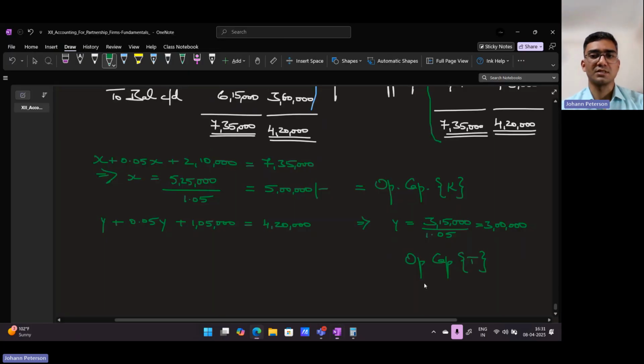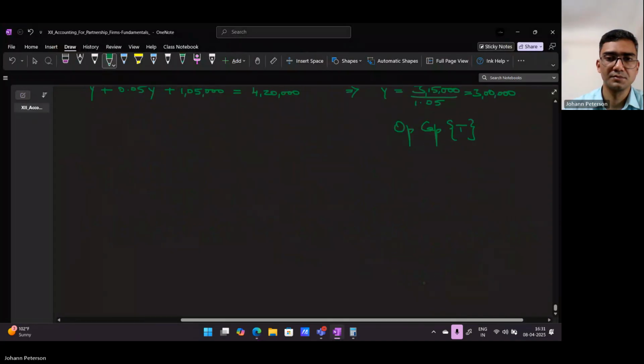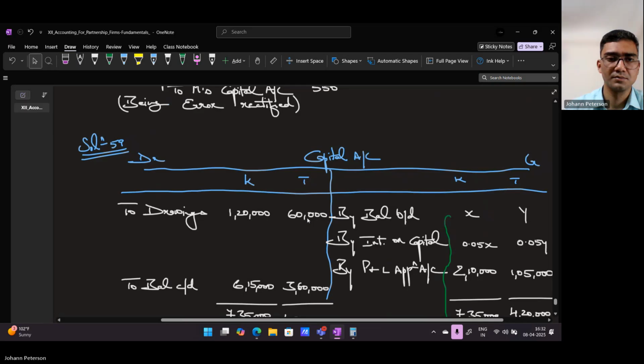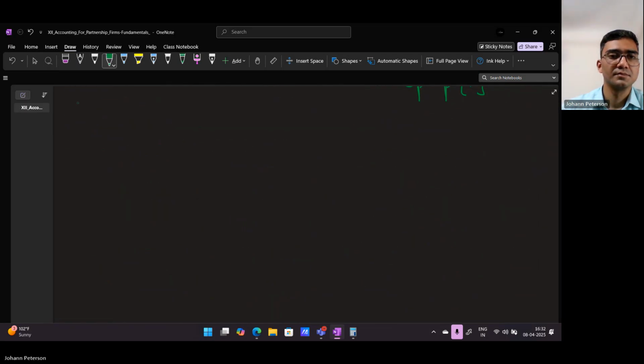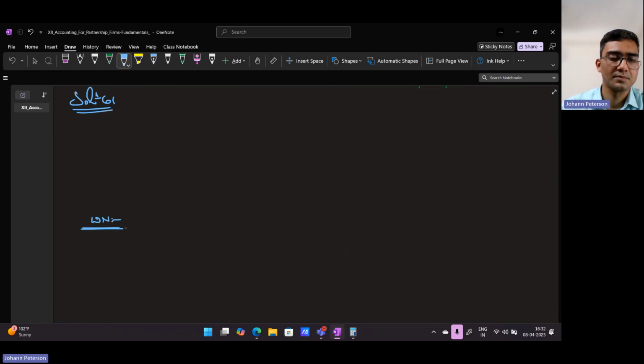So let's leave space for the adjustment entry. This is question 61. So we'll leave some space, then we'll do a working note. Let's make a capital account.